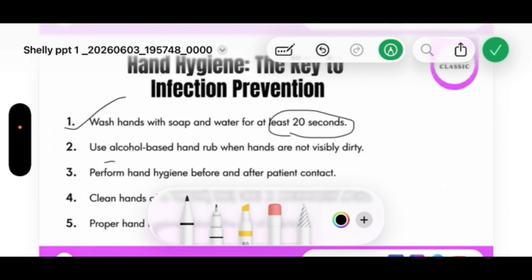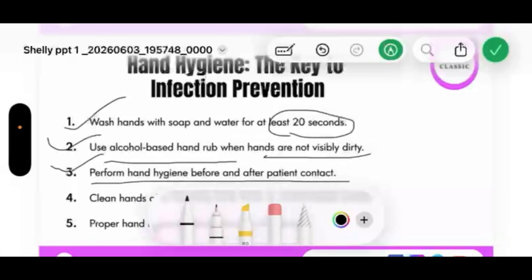Use an alcohol based hand rub when hands are not very dirty, like just after measuring a patient's body temperature. We can simply do hand hygiene using an alcohol based hand rub. Then perform hand hygiene before and after contact.